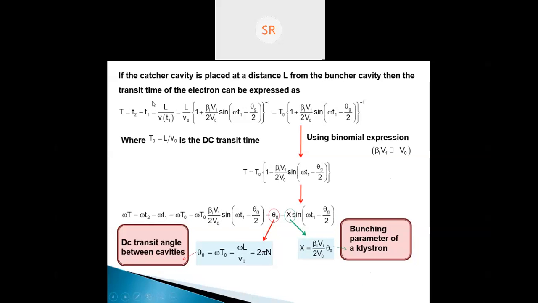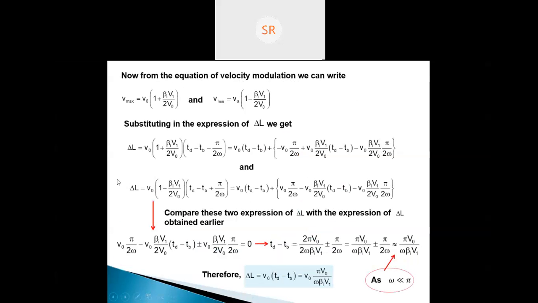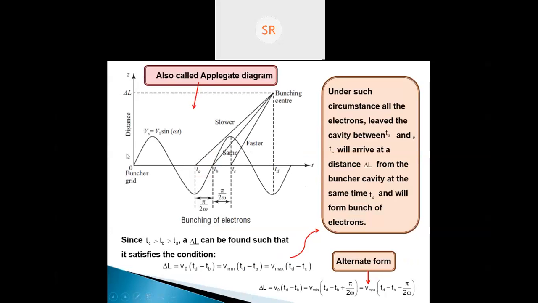If the catcher cavity is placed at a distance L, this is the delta L, this is your distance. If we place the catcher cavity here, they will directly get the energy.